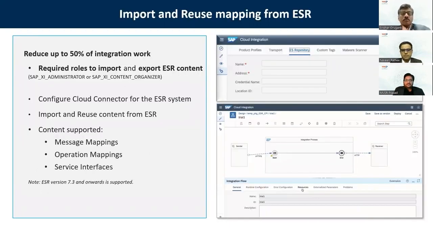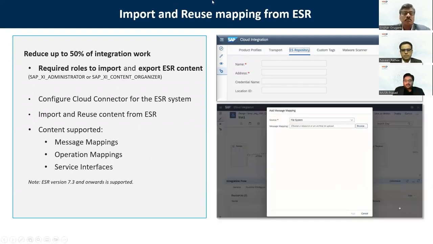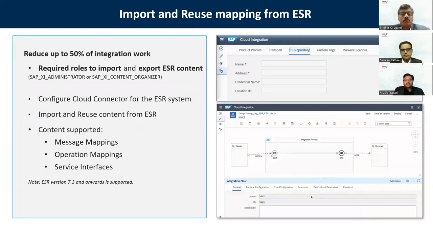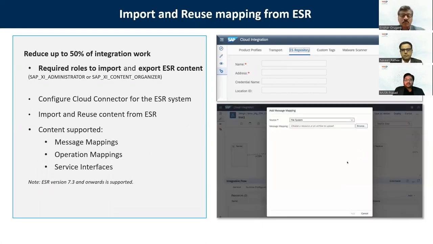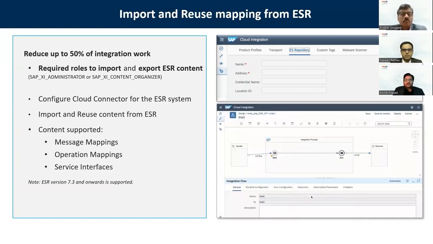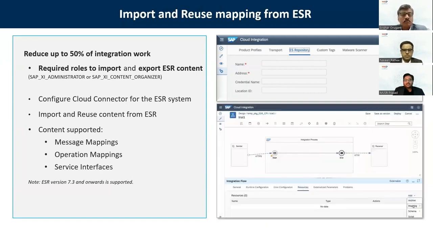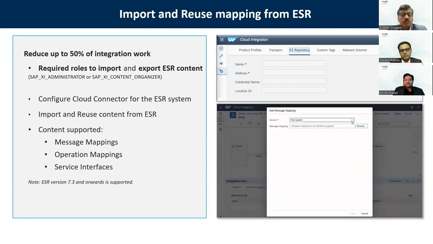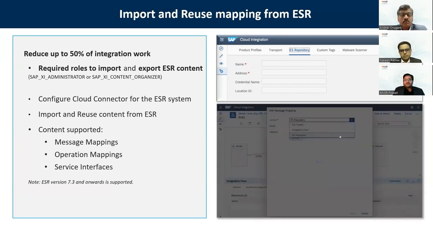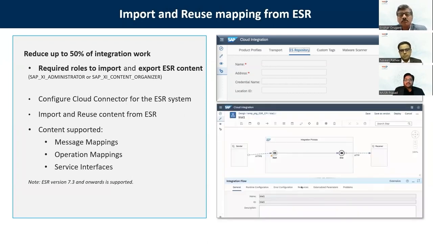This is how the ESR needs to be connected, because many customers will wonder whether the ESR content can be imported into the Integration Suite and how that can be configured. Let us say I have 4 PI/PO systems in my landscape. All of that content needs to be migrated into the Integration Suite.